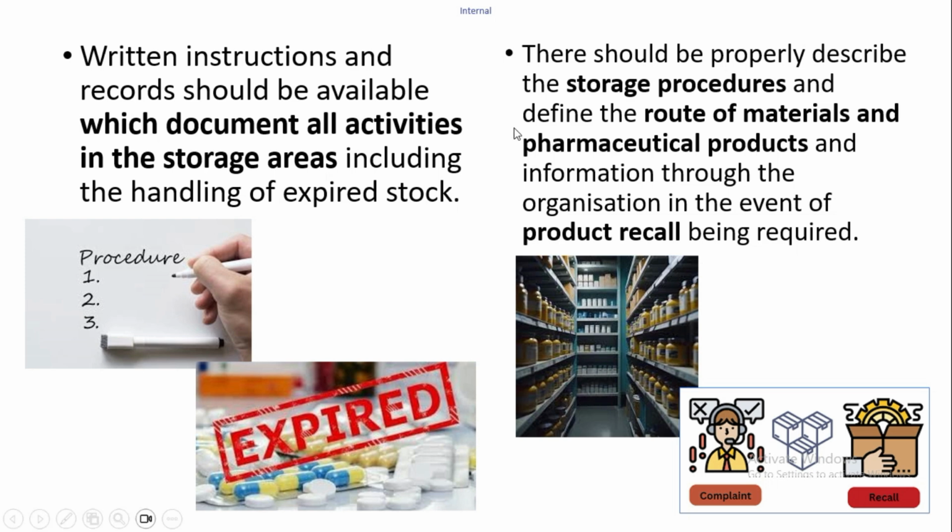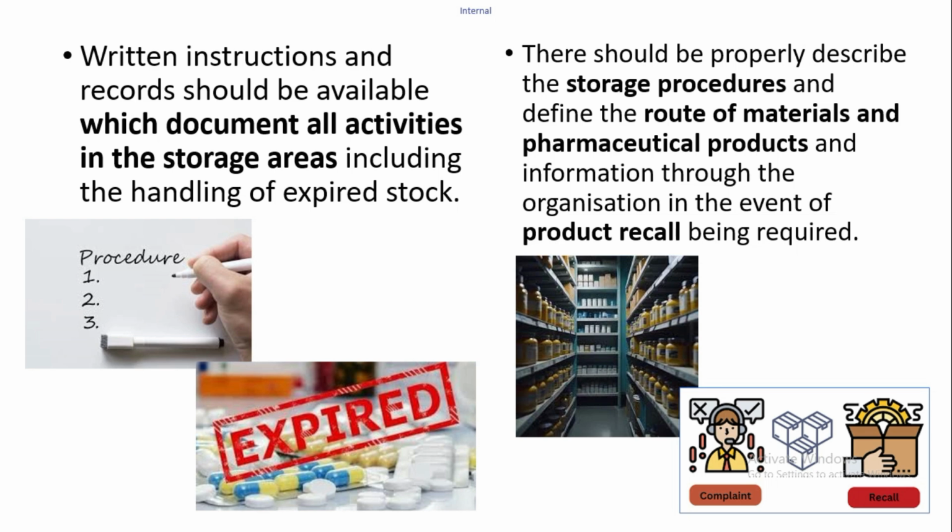They should properly describe the storage procedures and define the routes of materials and pharmaceutical products and information through the organization in the event of a product recall being required. So the person working in the lab or the storage area should have proper knowledge of the storage procedures and the route of materials, from where it came, how it is made.